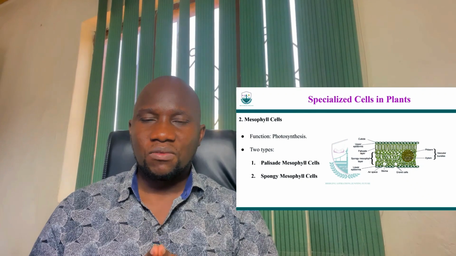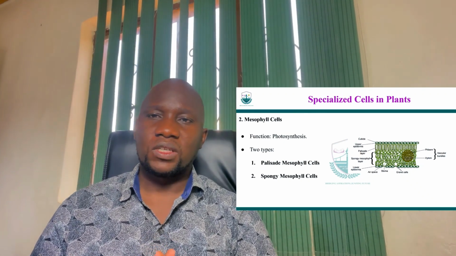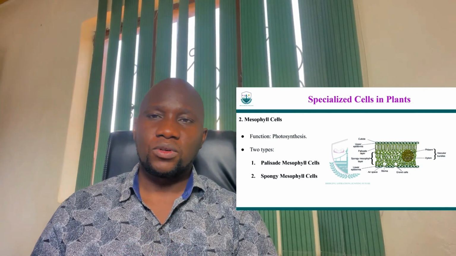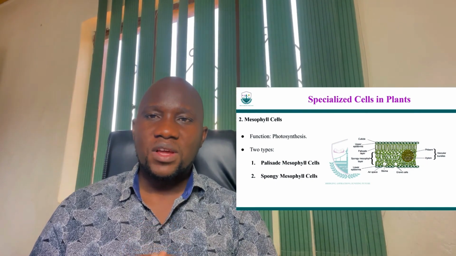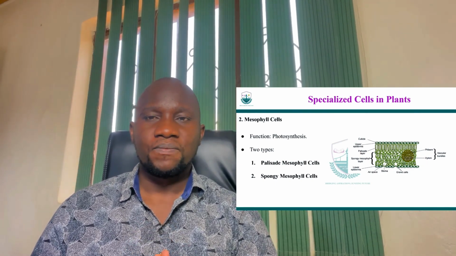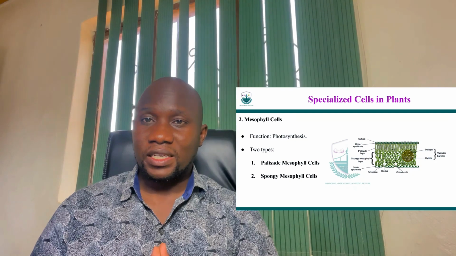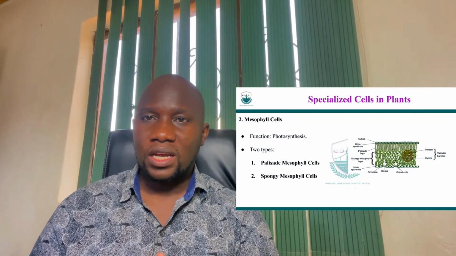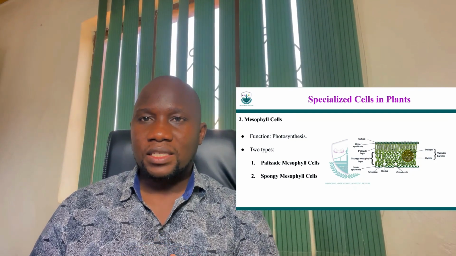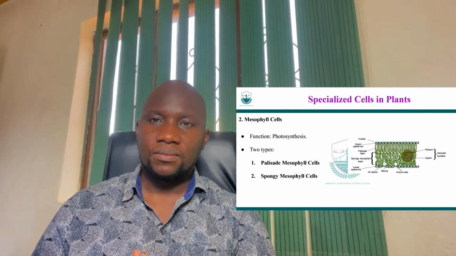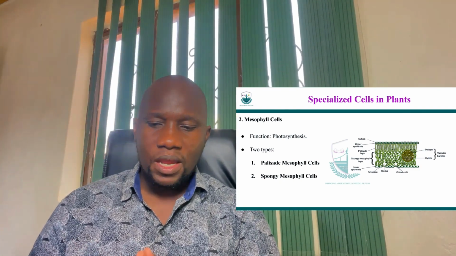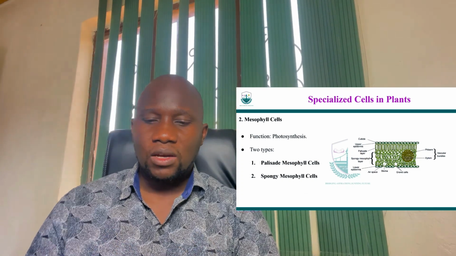The arrangement of these cells is quite different, and we shall know why that arrangement is different and what advantage it provides. So in our image, that is a cross section.